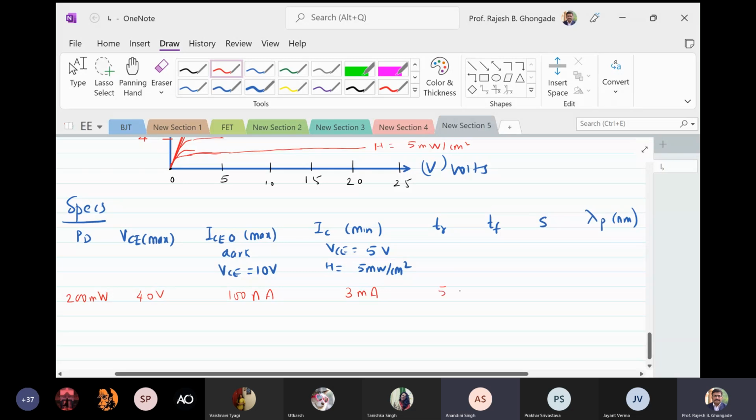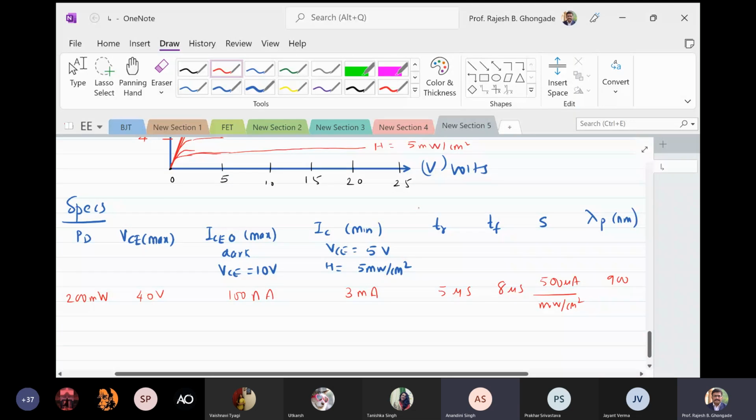Rise time is 5 microseconds. Fall time is 8 microseconds. Sensitivity is 500 microampere per milliwatt centimeter square. And again, sensitive to 900 nanometer wavelength.